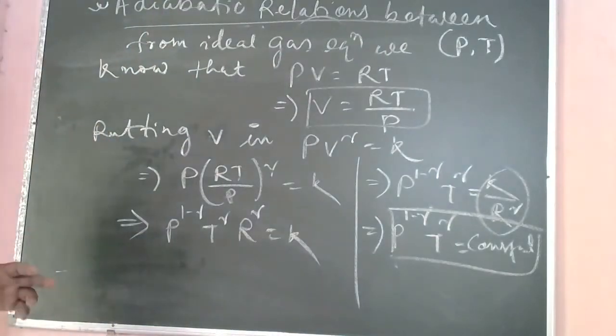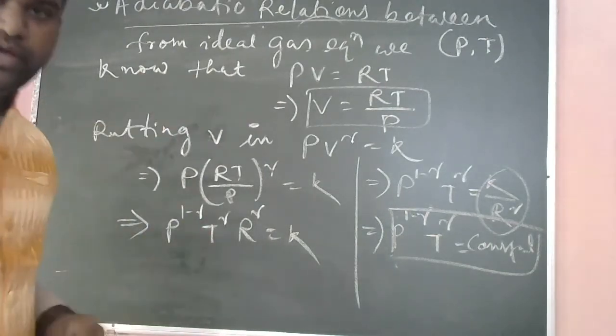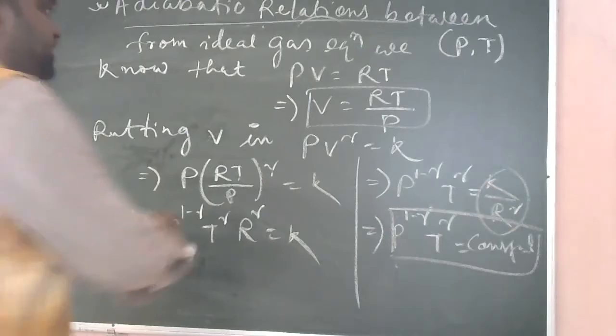Now the third and last relationship we will prove is between temperature and volume. The relationship between temperature and volume will proceed exactly in the same way, only I'll change here.